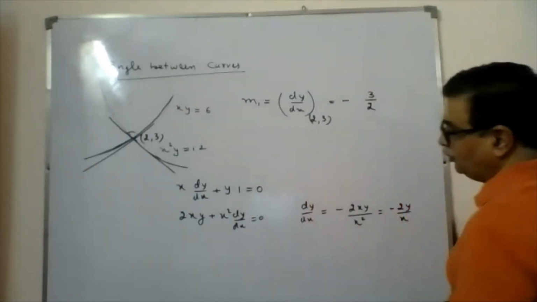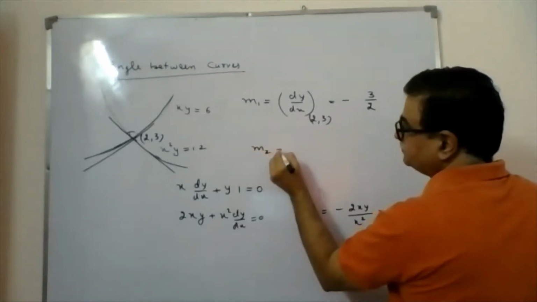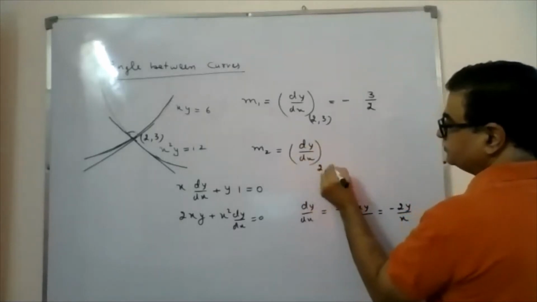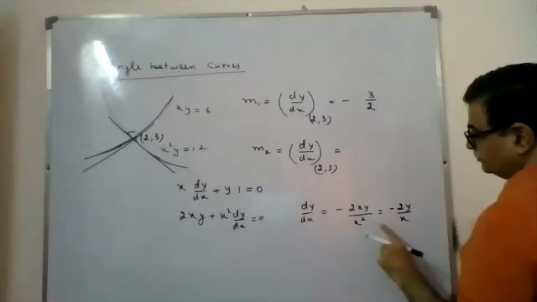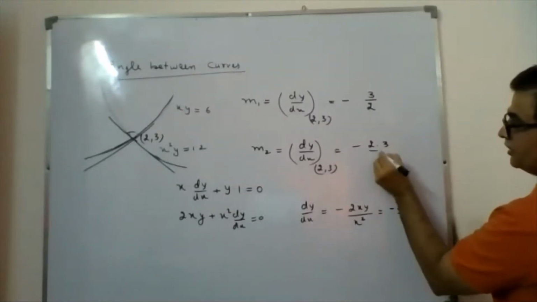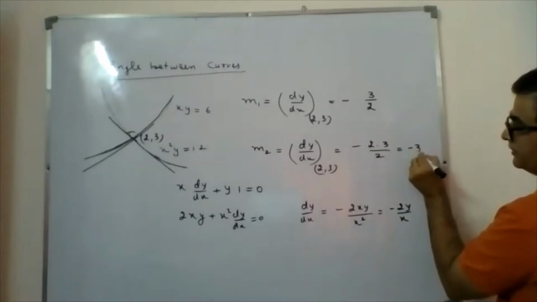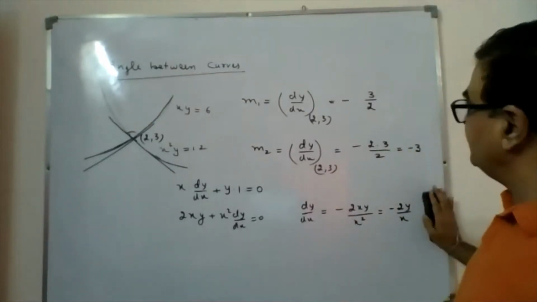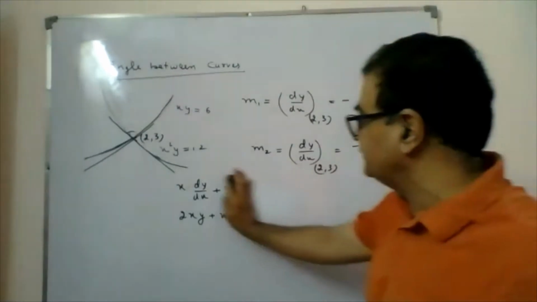Then we go for m2. That will be this dy by dx now. This will come minus 2 into y by x, y is 3 by 2, it is coming minus 3. So one slope is coming minus 3 by 2, another slope is coming minus 3.